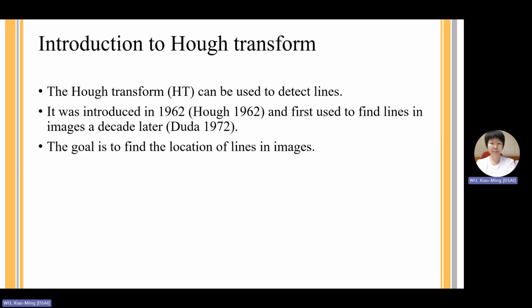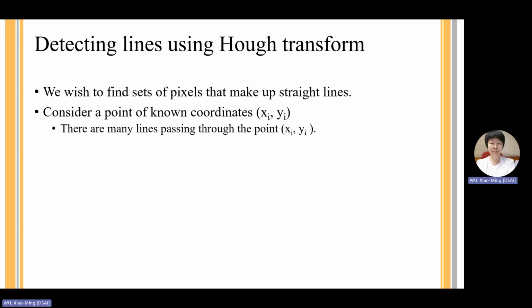So initially, what we have is the points in the XY space. xi, yi are the coordinates of those points.